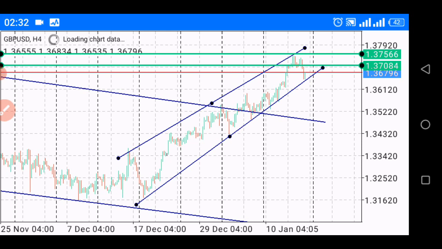Because why? I have a target, and the market does not hit that target before it comes back to my stop loss. So this started blowing my account until I learned about locking in profit.